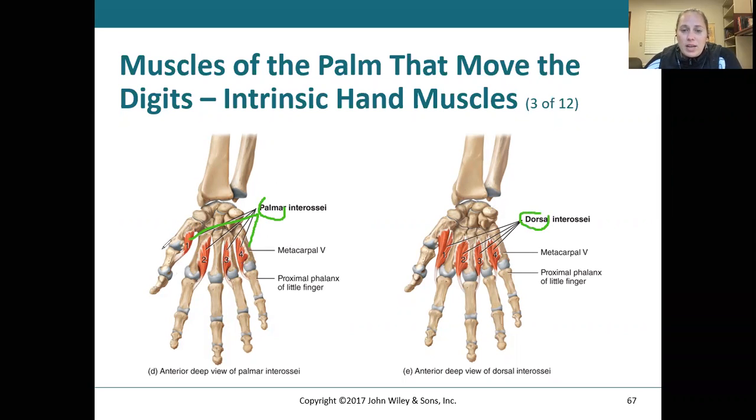It's important to recognize the difference in the shape and size of those particular muscle groups. The palmar are much smaller in their overall size. The dorsal are a little bit larger, covering more surface area on the hand itself.